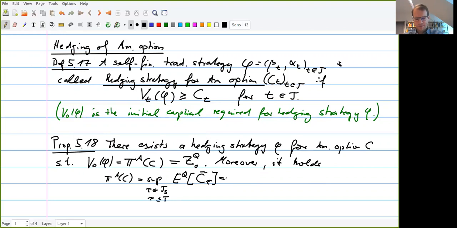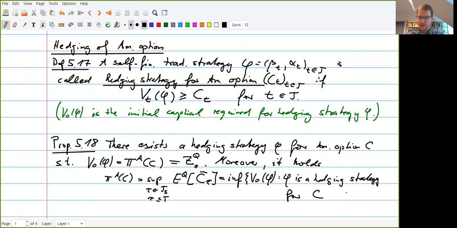And now this is the new part: it actually can be expressed as the minimal super hedging price or hedging price for the American option, so the minimal initial capital I need to superhedge the American option C. So what you see here is that the arbitrage-free price of the American option is really the minimal initial capital I need to hedge the option.